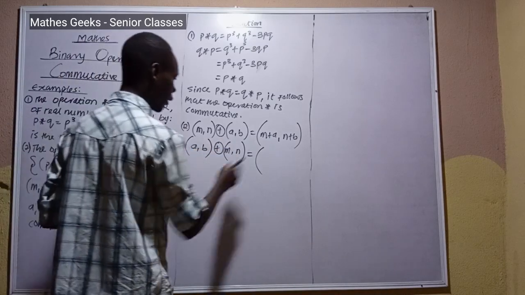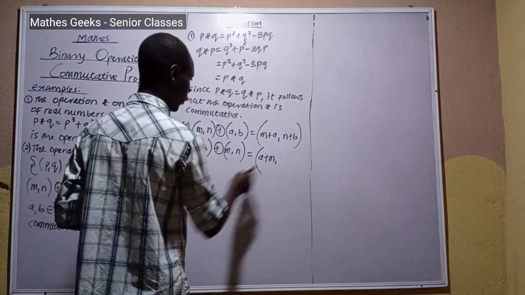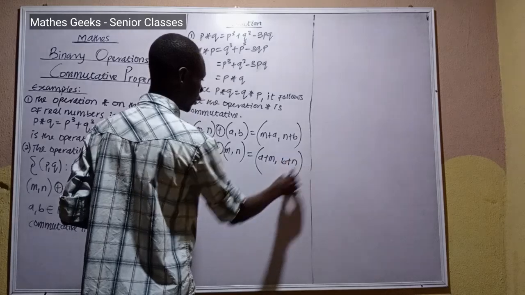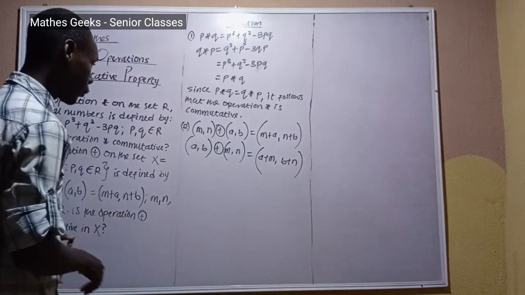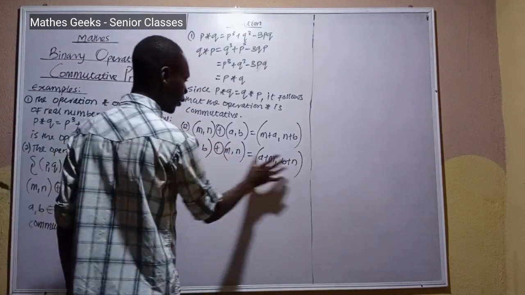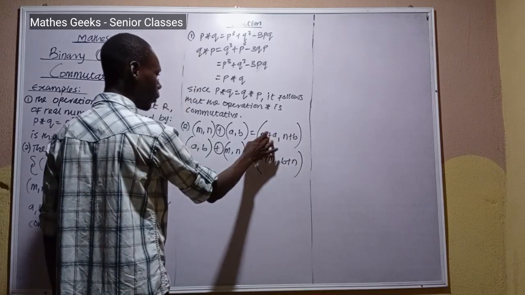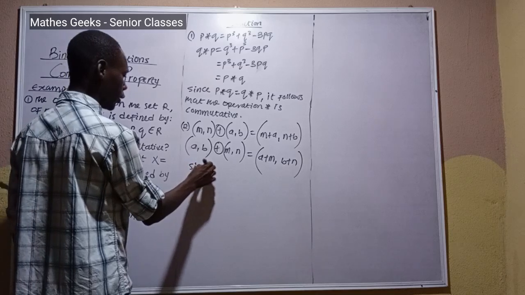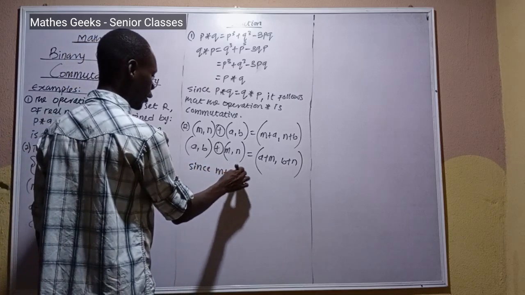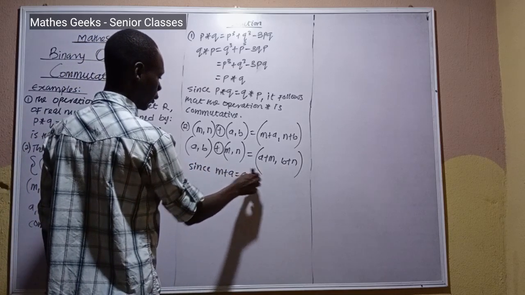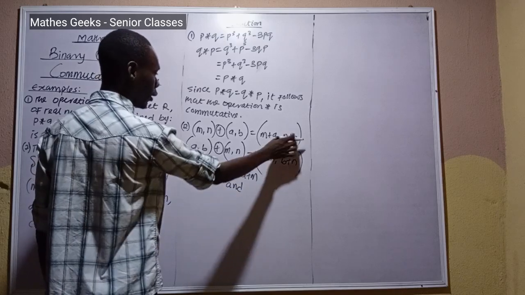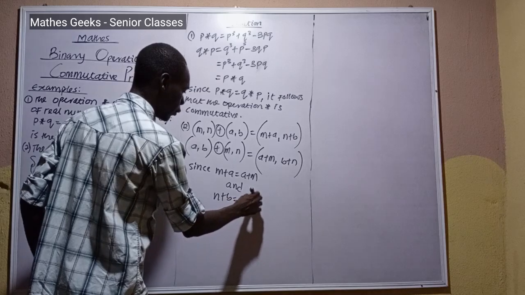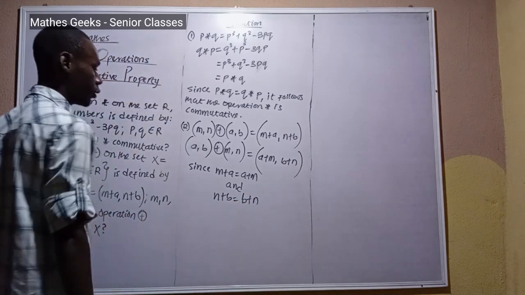So A plus N, E plus N, and here will be B plus N, B plus N. So what do we have? When the order changes here, the order also changes here, but from what we have here, N plus A is the same thing as A plus N. So since N plus A is equal to A plus N and N plus B is equal to B plus N, what does that tell us?